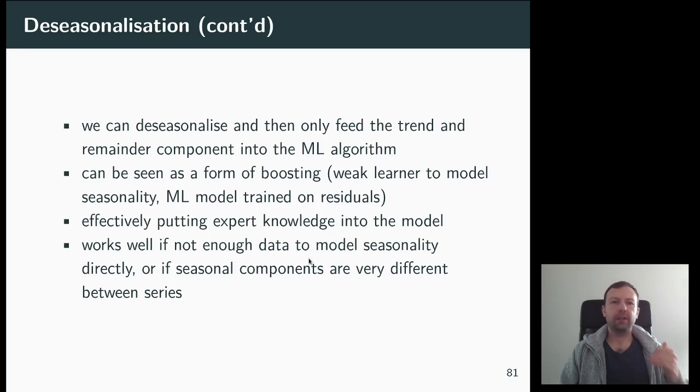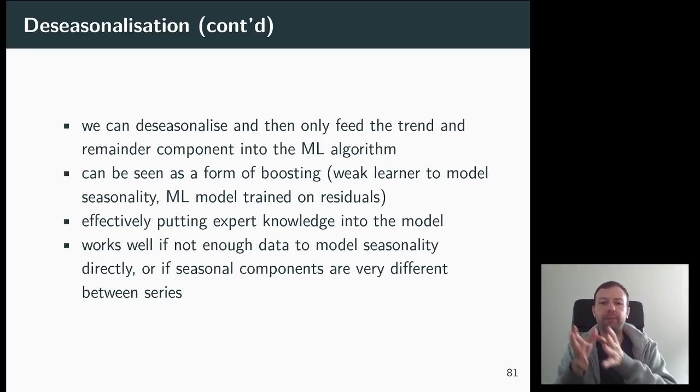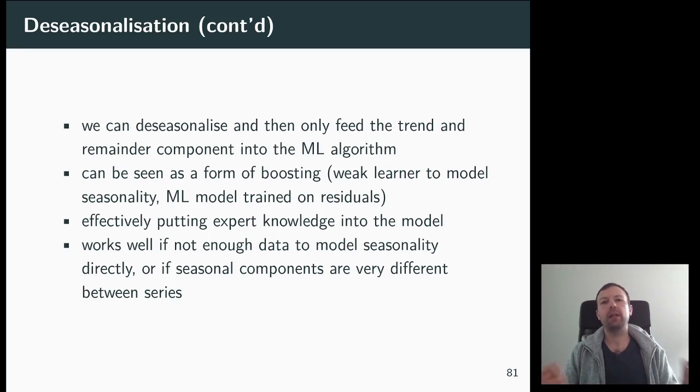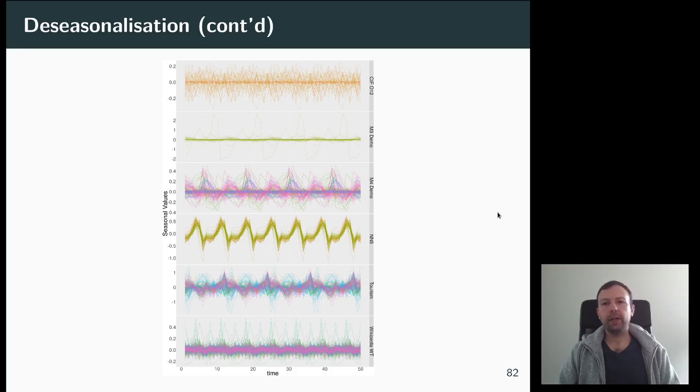Because obviously these deseasonalizations work only on one series at a time, right? So if you now have a machine learning model that is trained globally across all the time series, then this method only uses the data from the time series. So it works well if the seasonalities are very different. Here I have an example, what I mean by that.